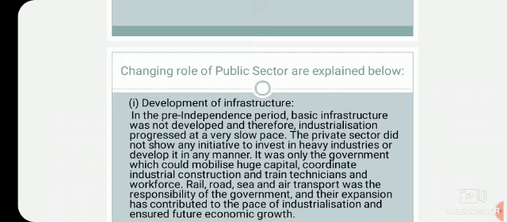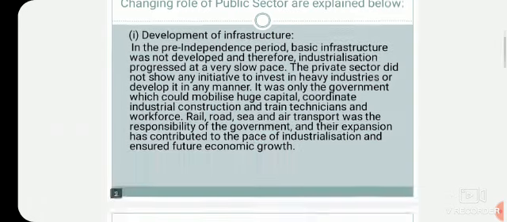Rail, road, sea, and air transport was the responsibility of the government, and their expansion has contributed to the pace of industrialization and ensured future economic growth.